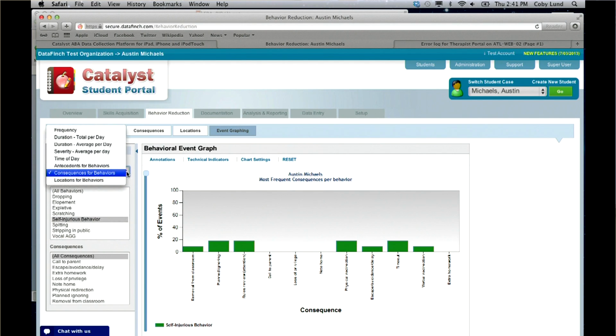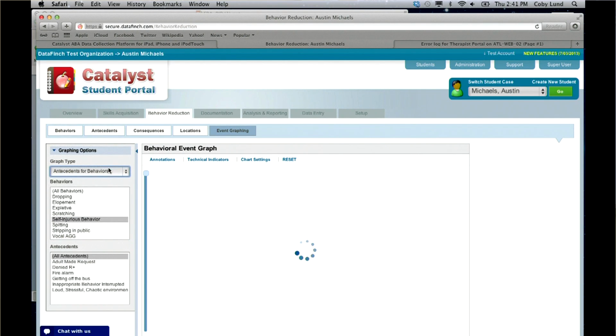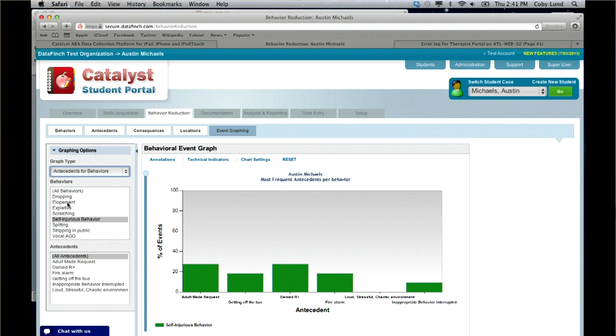Now I may also want to look at commonly occurring antecedents for these behaviors. So you see, if we stick with the self-injurious behavior, that adult made a request and denied reinforcement are the two most commonly occurring antecedents for this behavior. They're both roughly just under 30%.